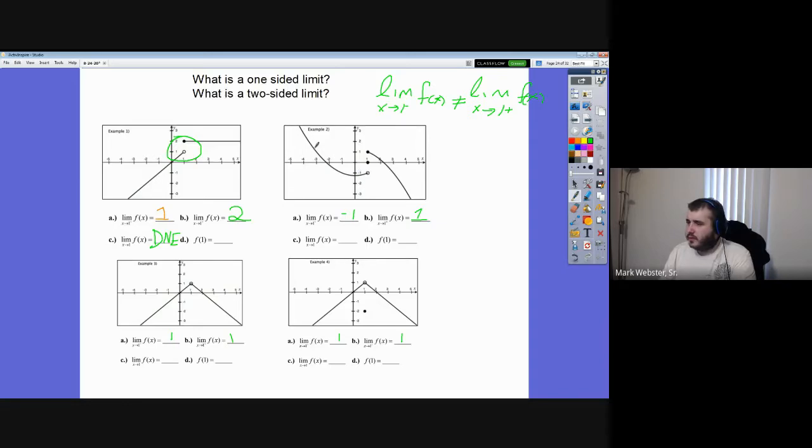It says the left-handed limit as x approaches 1 goes to -1. The right-handed limit as x goes to 1 approaches 1. Are these the same? No, they're not. So we know, since they're not the same, the limit does not exist.